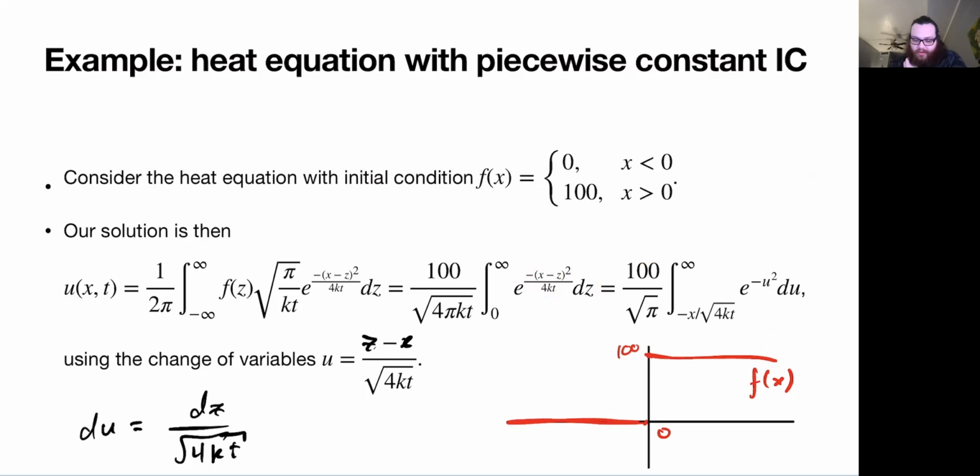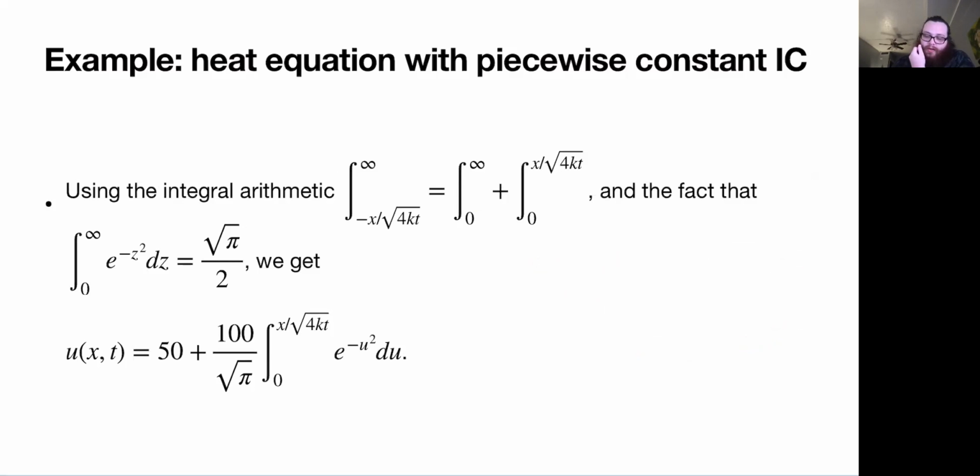So let's make a little more sense of that. The first thing to note is, what is this integral right here? At least the bounds, you can rewrite as the integral from 0 to infinity plus the integral from 0 to x over square root of 4kt.